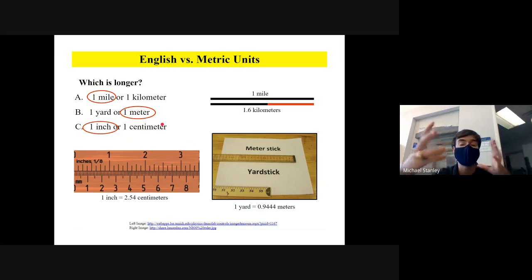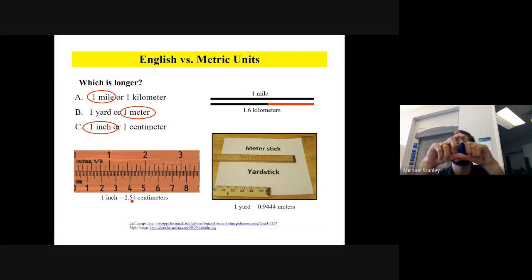So in order to give you a general idea of how big these things are, a meter is really, really close to a yard. So a meter and a yard are almost the same length. A centimeter, there's about 2.5 centimeters in an inch.